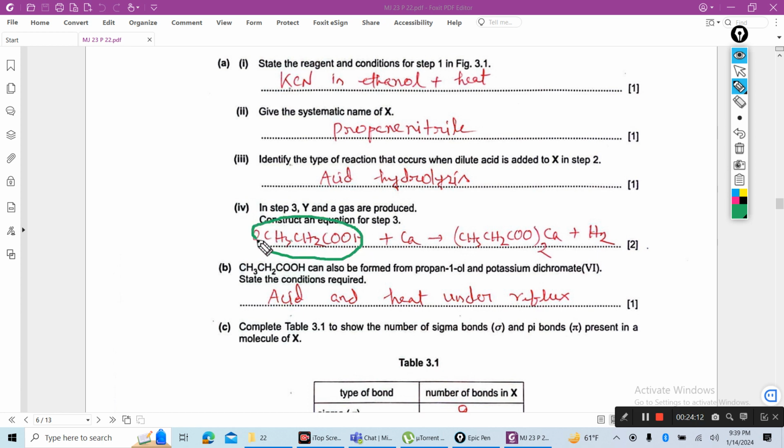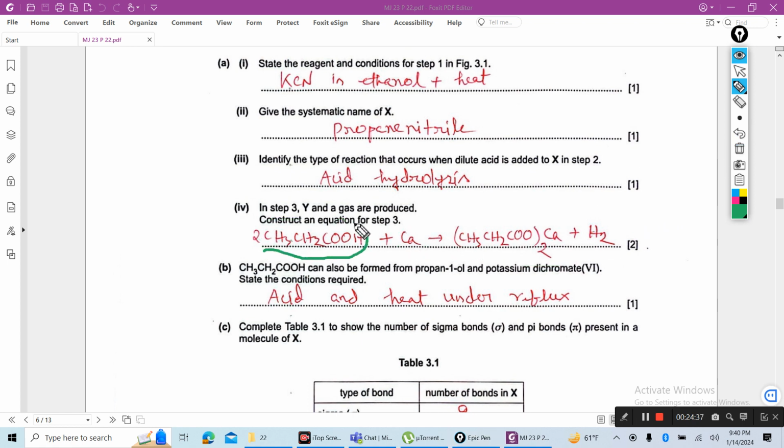Propanoic acid, this is carboxylic acid, reacts with metal to form calcium propanoate and the gas is hydrogen. You know, any carboxylic acid reacts with metal to produce metal salt of carboxylic acid plus hydrogen.